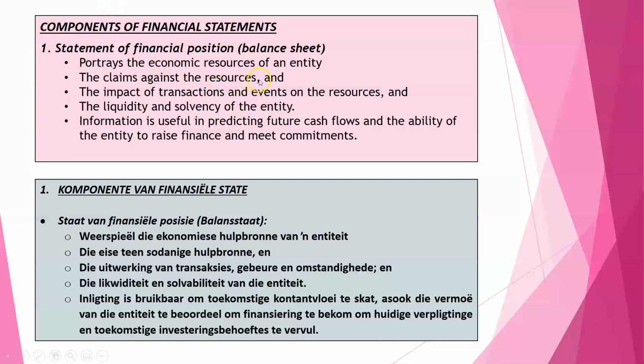My cash resources are going to reduce by the amount that I pay to the claimant against that resource, i.e. the bank. So I'm going to pay the bank an amount of money, they are the claimant in this case, and consequently, my cash resources will reduce. So claims against resources are nothing else but liabilities.